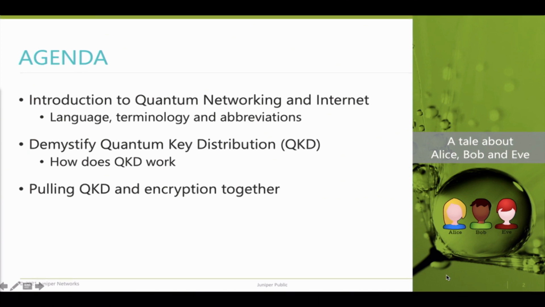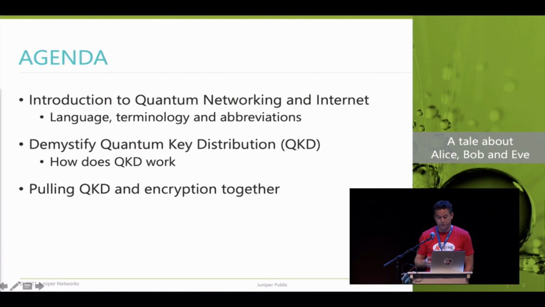We'll first introduce some of the language. I have to say this is not a physics class, and I'm by far not a physicist, so I only try to understand it a little bit myself. But we'll talk about some of the terminology, some of the abbreviations, which are useful to know if you're interested in the subject and would like to explore further. I've added quite a few links on slides as well, so you can afterwards click on those and find more information there.